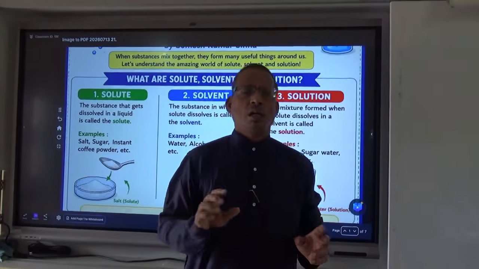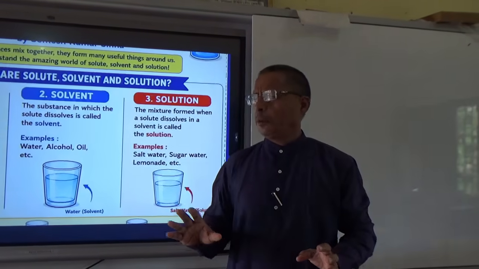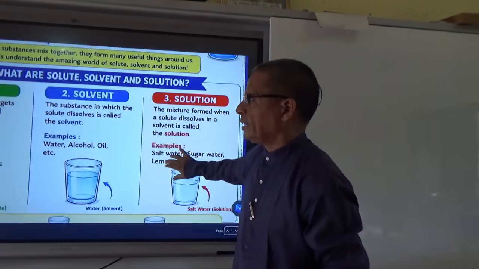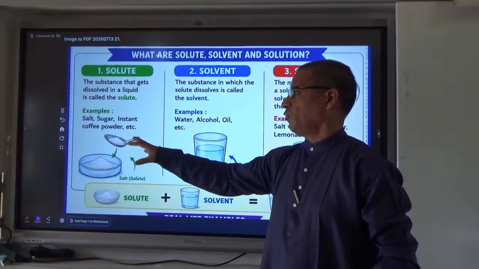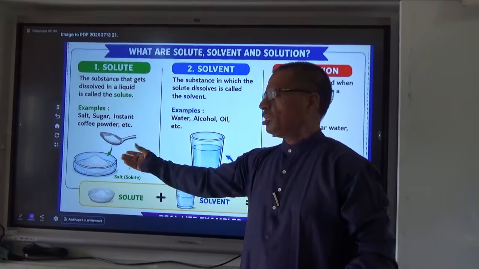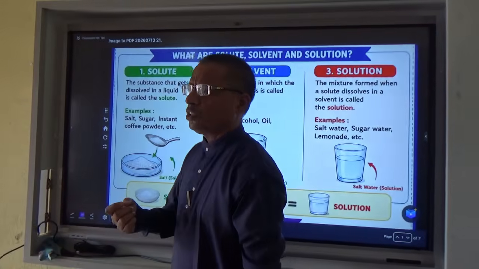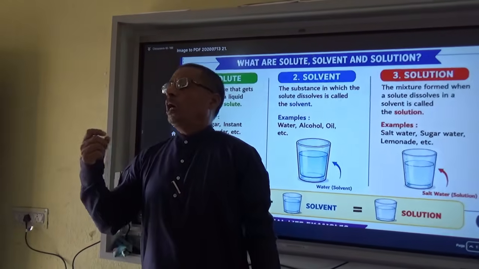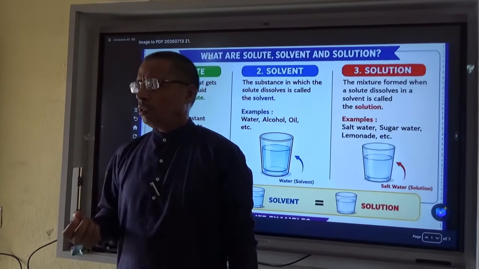Clear? And now a simple example. Suppose you take examples of solids: salt, sugar, instant coffee powder. They are used in our daily activity. Suppose you are preparing lemon oil.